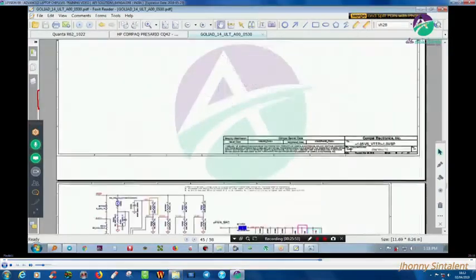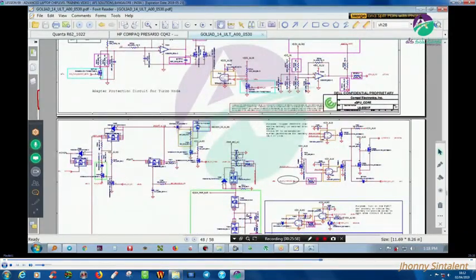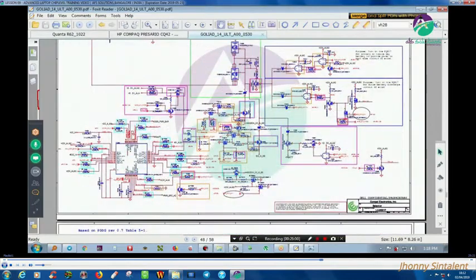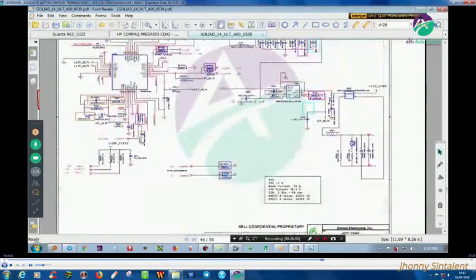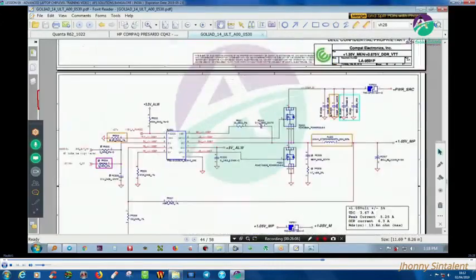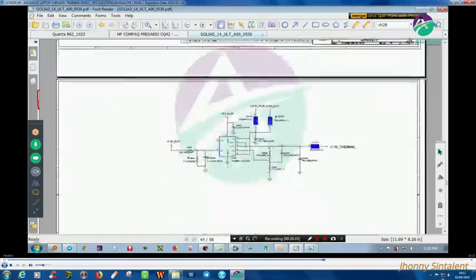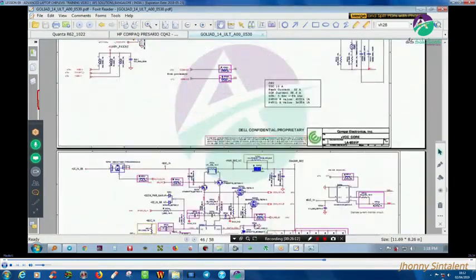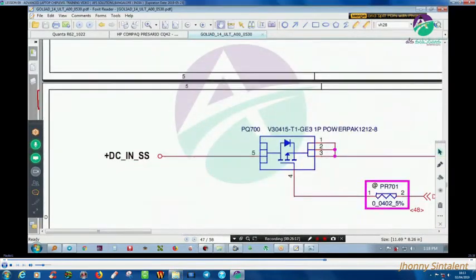Where is my DC jack? Anyway, I will show you that. Let me clear this. Yeah, DC in underscore SS.